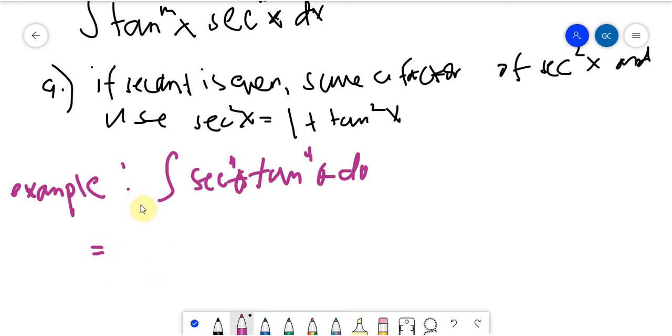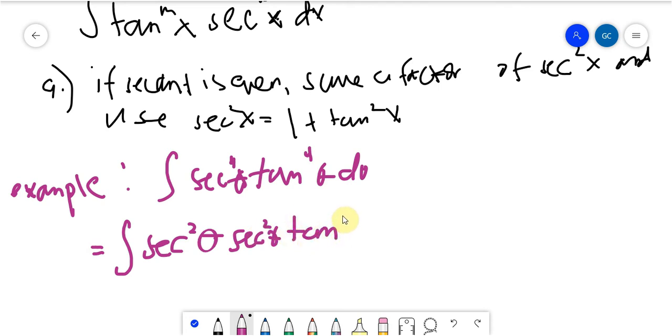The first condition is if secant is even, which is yes, it's even, save a factor of secant squared and use secant squared x is equal to 1 plus tangent squared x. So we will save one factor. So we have secant squared theta times secant squared theta tangent to the 4th theta d theta.